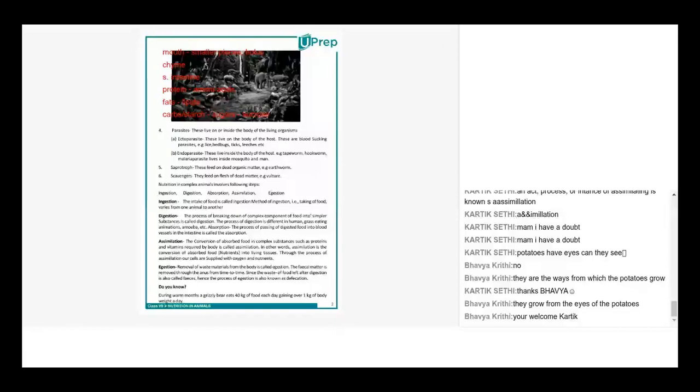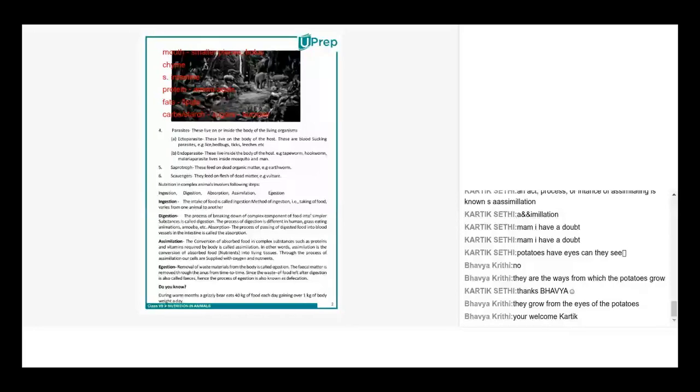So assimilation is a very systematic process, right? Where absorption and assimilation happen. Now, after all this happens, what happens? The undigested food or the waste matter is taken out of the body. It is egested out of the body. That is known as the feces, right? The feces, it is through the rectum and then the anus.